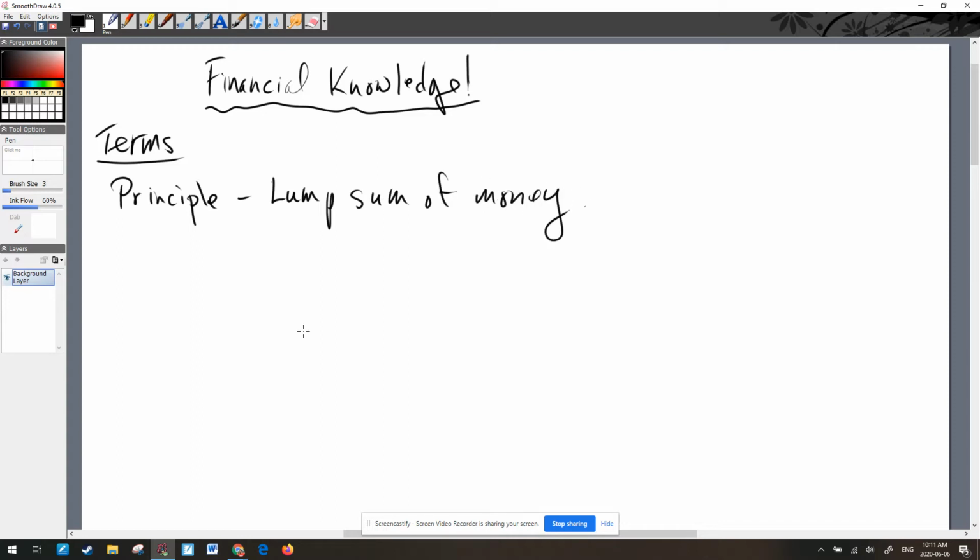Okay, so if it was a loan, it's going to be the amount borrowed. And if it was an investment, it is going to be how much money you put away. So it's the lump sum invested.